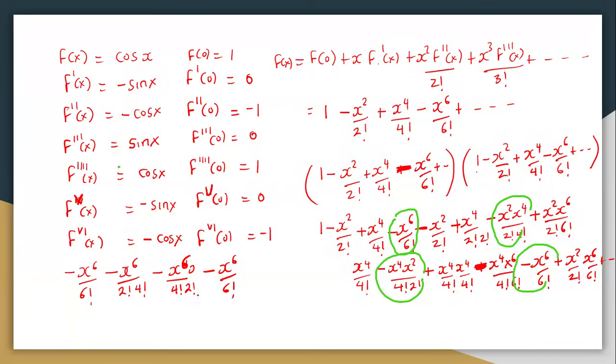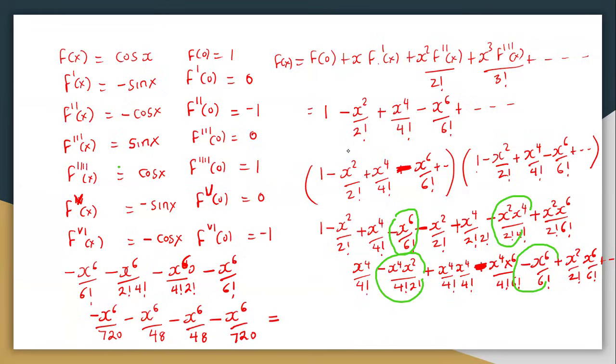Now I'm going to simplify to remove the factorials, so I'll have minus 6x power 6 out of 6 factorial, which is 720, minus 6x power 6 divided by 2 factorial times 4 factorial, which is 48, minus x power 6 out of 48, minus x power 6 out of 720. Simplify that and tell me what you get.